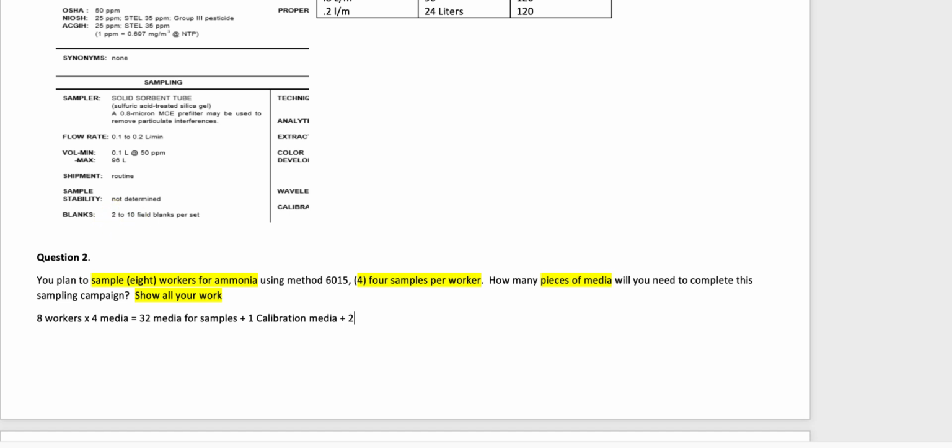So we could say 2 field blanks, and this would give us 35 media.